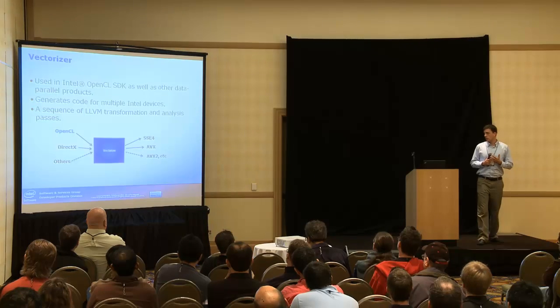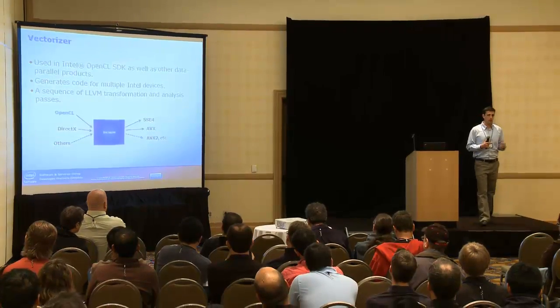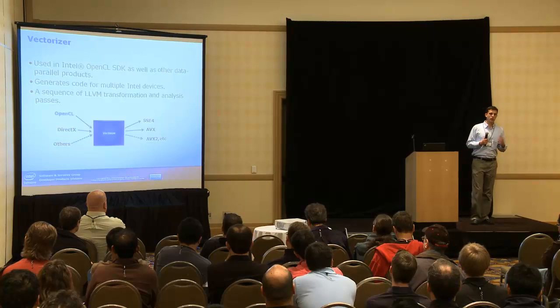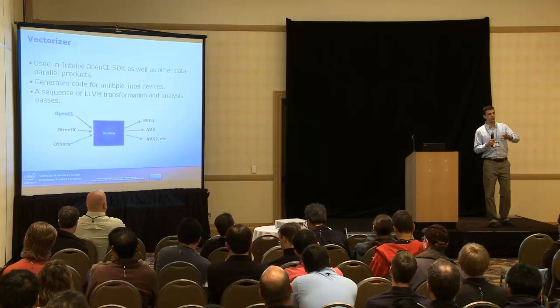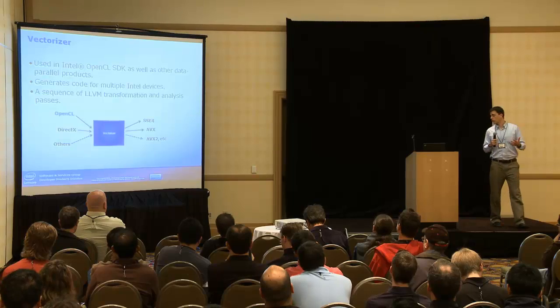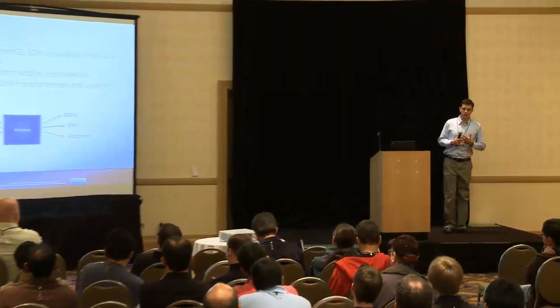We also shared our vectorizer with some of our partners, and we have other unreleased products. Our vectorizer is also multi-target, target independent. It supports code generation for SSE4, AVX, AVX2, and other Intel architectures. So it's very flexible.